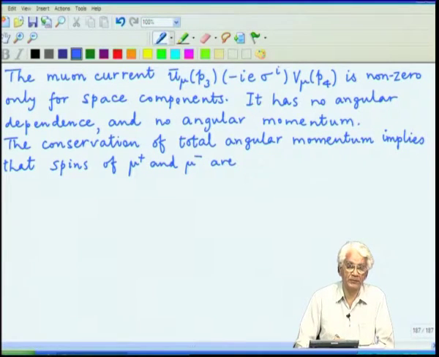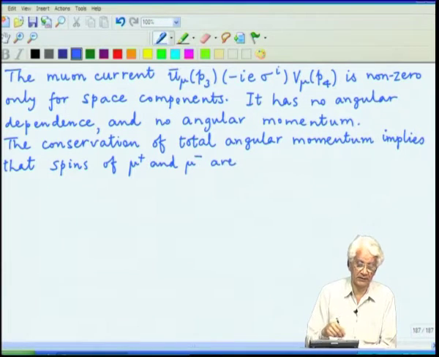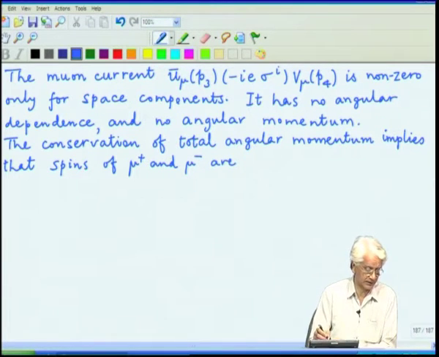So, the spins of mu plus and mu minus add up to an angular momentum, which has to be the same as the angular momentum provided by the electron, but the electrons have only helicities, which is directed along their initial direction of collision. So, the mu plus and mu minus, even though they are emitted isotropically, their spins are along the electron and positron collision directions.